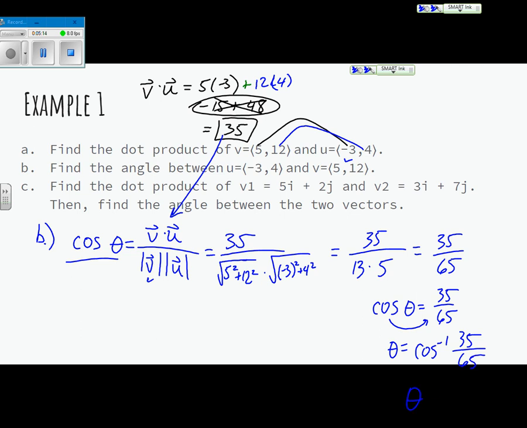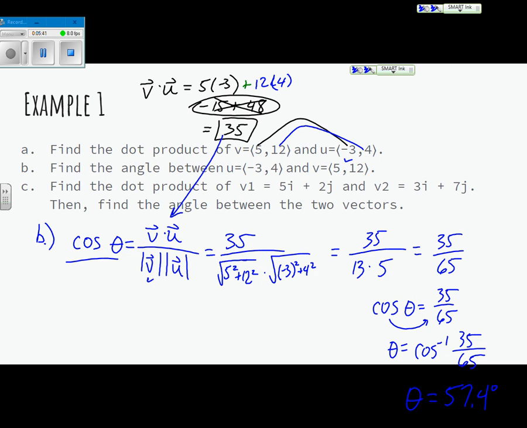So second cosine inverse of 35 divided by 65, and 57.4 degrees would be the angle between these two vectors, if I was to graph them out and do all that, which we're not interested in as of yet.